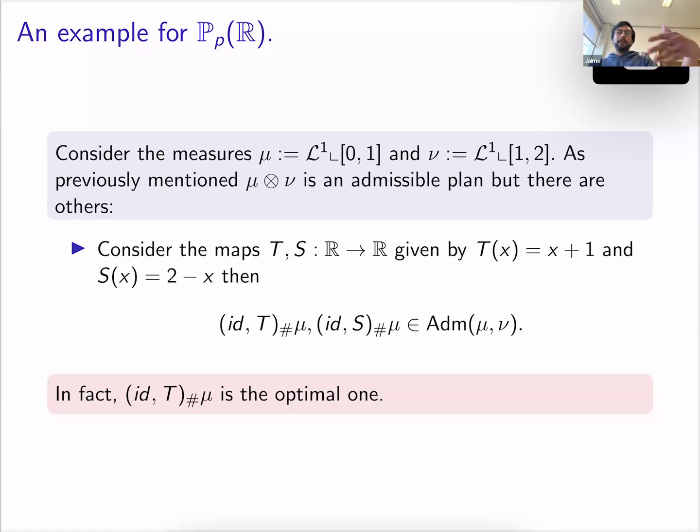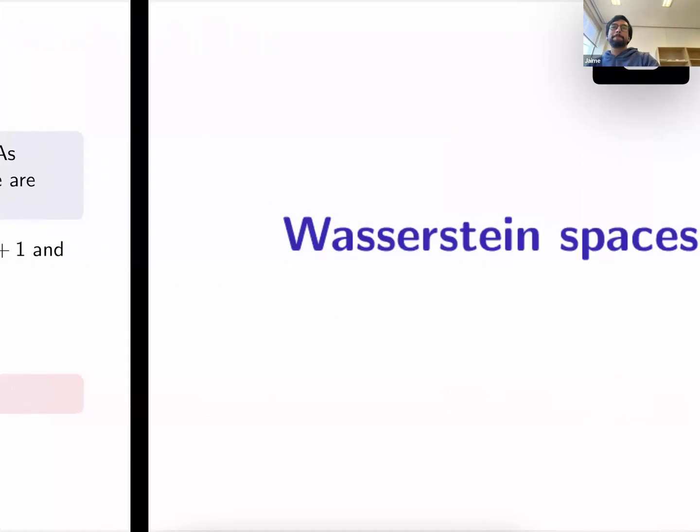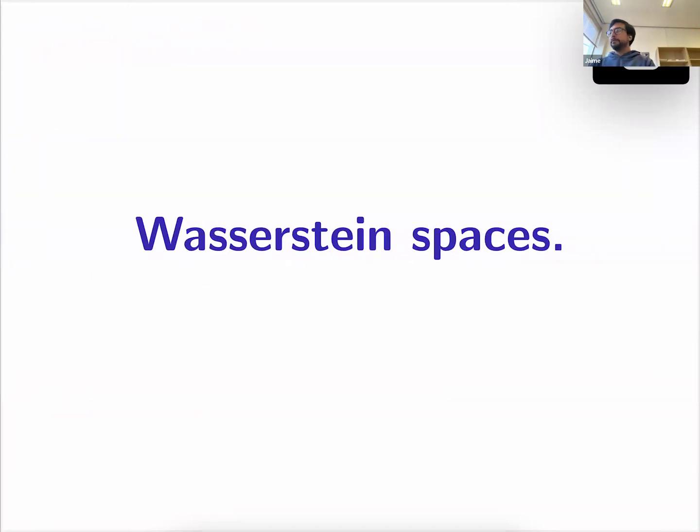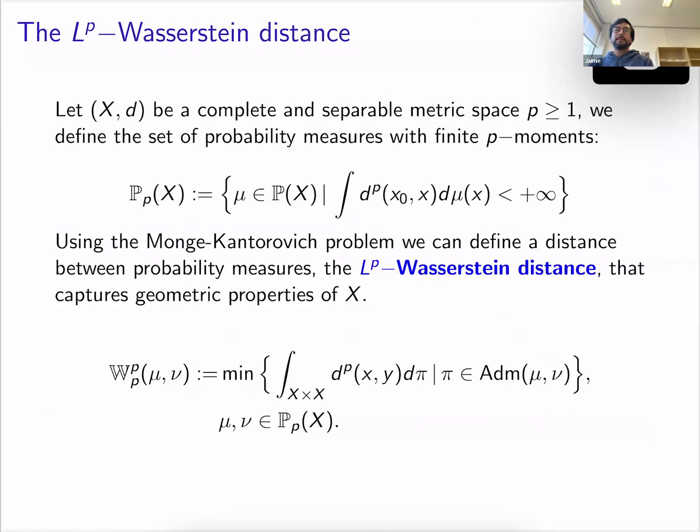Okay, so I have solutions to this problem, and how can I use them? Well, I can use them, for example, to define the Wasserstein space. Again, I have X, d, a complete and separable metric space with some exponent p greater or equal than 1. And I won't take all of the probability measures, but I will restrict myself to those that have finite p moments.